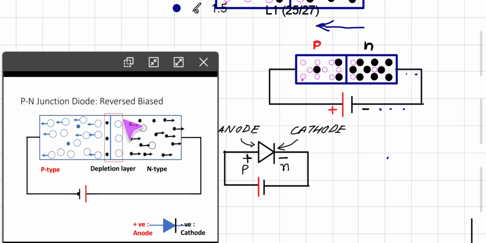So for this region, whatever holes and electrons are available, this battery acts as a forward bias, and a small amount of current flows in microamperes, and that is called the current due to minority charge carriers. That is available, but it is in microamperes, very small, negligible. That is the way a PN junction diode works in reverse bias.